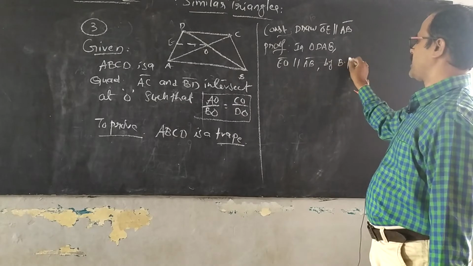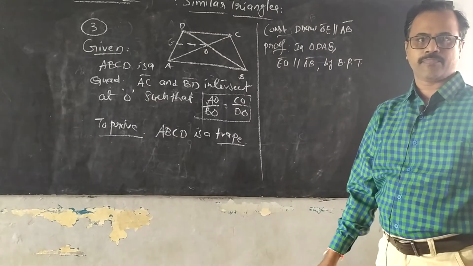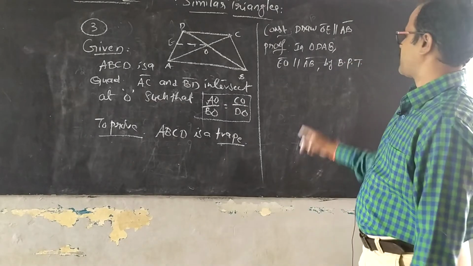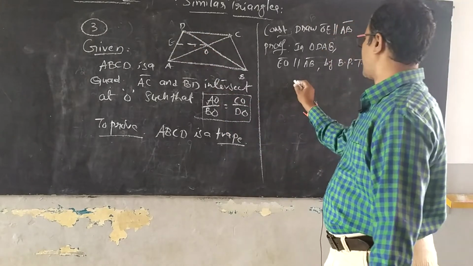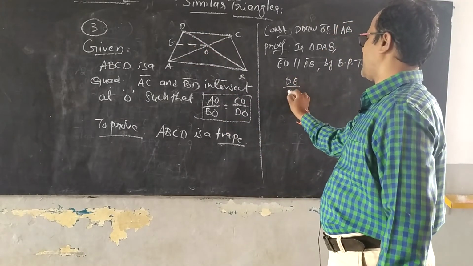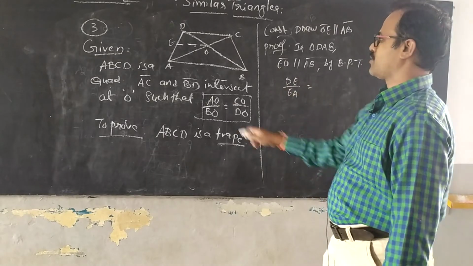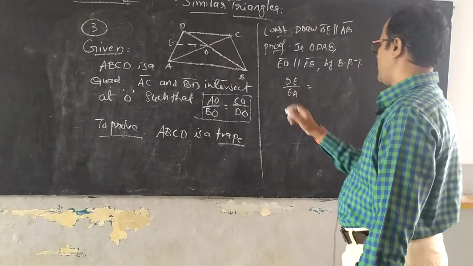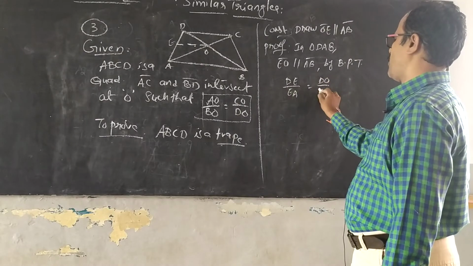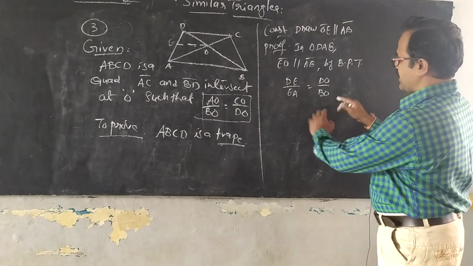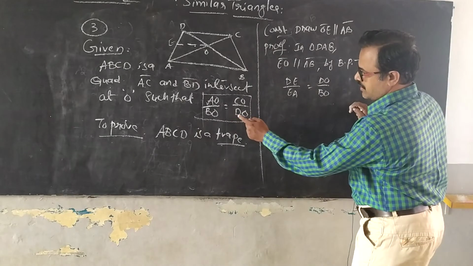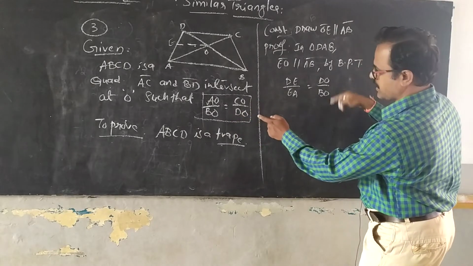By basic proportionality theorem, what can we say? That DE by EA is equal to DO by BO. But what is given here, you observe carefully, we have here DO by BO.